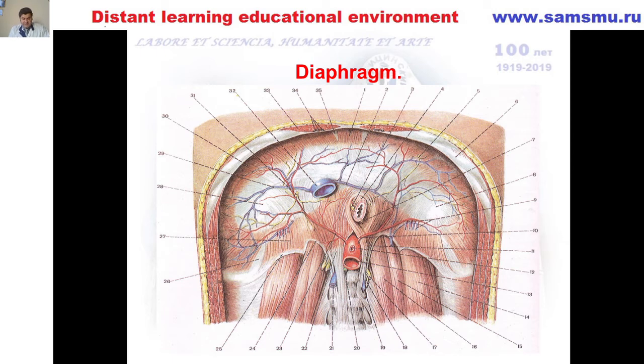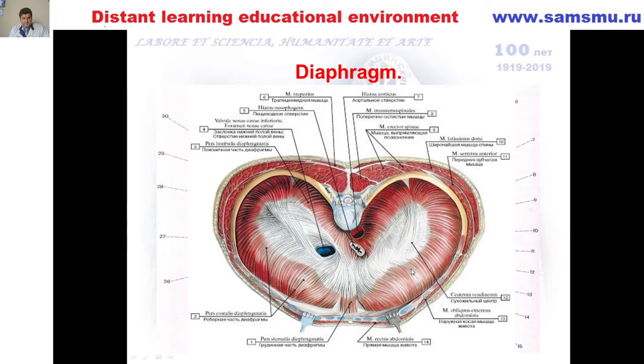The central tendon of the diaphragm, centrum tendineum, has a trifoliate shape. You may see it on this picture. Its surface shines like a mirror, and it was formerly called the Helmont mirror or speculum.